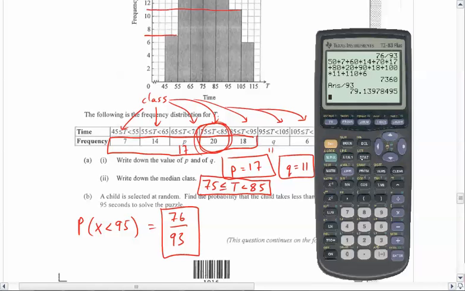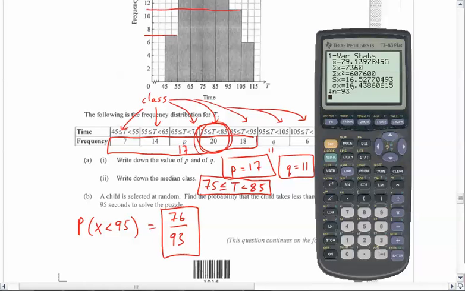Okay, now I'll calculate some one variable statistics for L1 and L2. Oh yes, my mean is 79.1. Great. That confirms the calculation I did before.